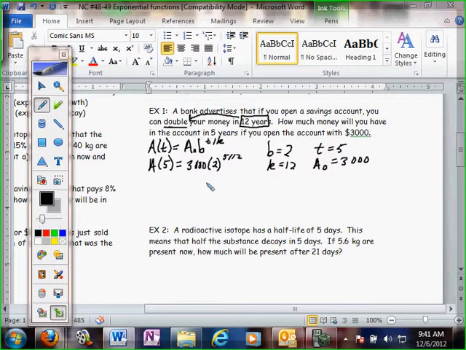And I'm going to go ahead and click off the screen so I can bring up my calculator so I can show you how to put this in, make sure we're knowing how it's put in the calculator. Remember, this is just function notation, so after I plug this in, I'm not concerned with this A of 5 anymore. I'm just concerned with what this is going to simplify to here.